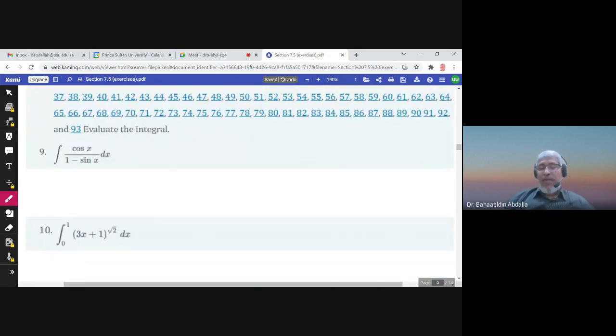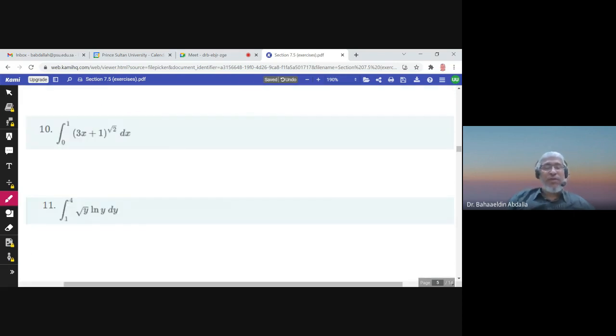Okay, evaluate the integral. If we take u here as 1 minus sine x, then du is negative cosine x dx, the derivative of sine is cosine, and this would be du over u, and you continue easily.